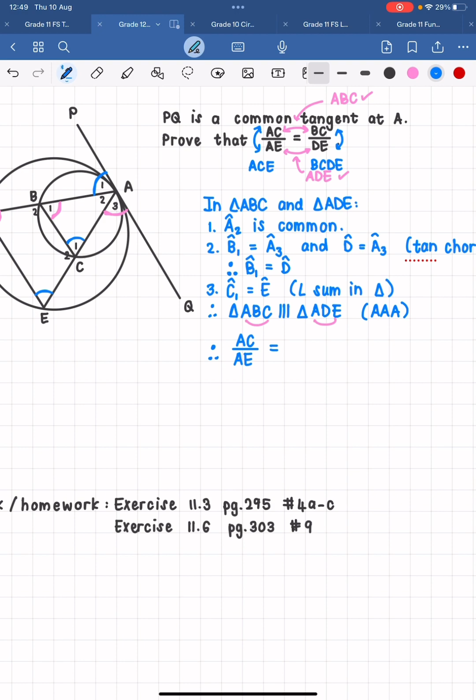BC over DE. Now that was, let's look at BC is over there, my second and third letters, and DE as well. So I can just write that straight away, BC over DE. You can write the third fraction if you want to, but we don't need it, guys, because we've proven now what they asked us to prove. All right, your reason though, please, important, similar triangles.